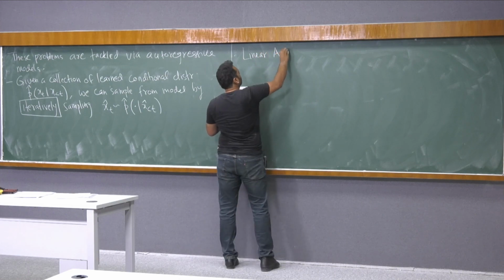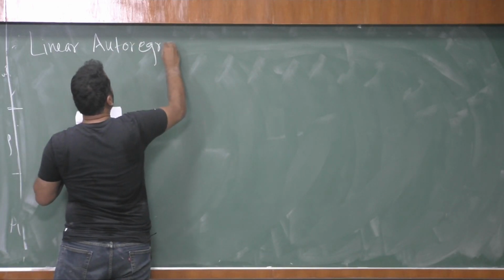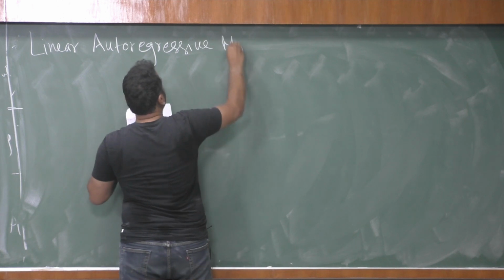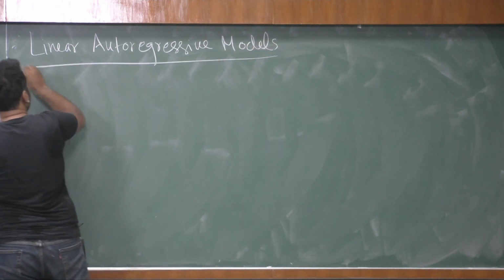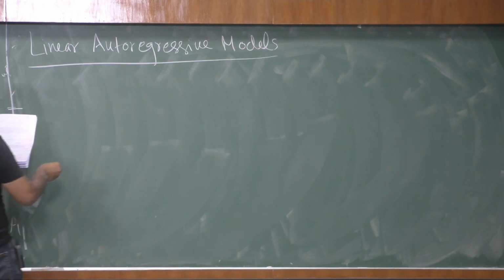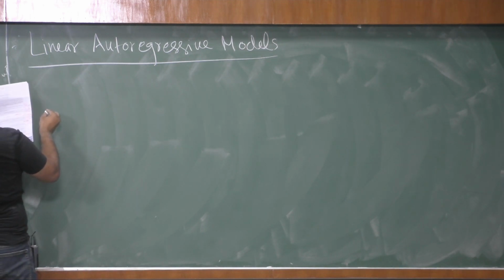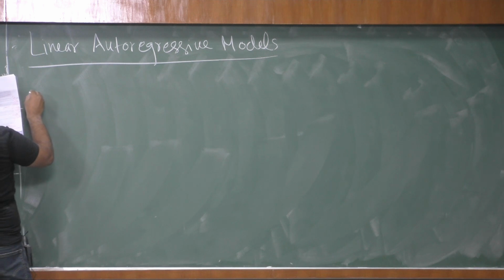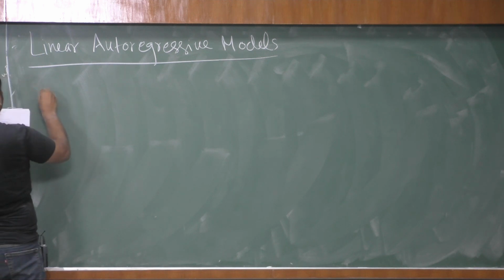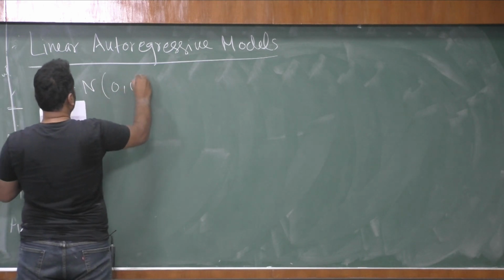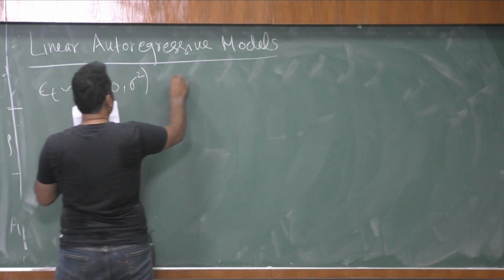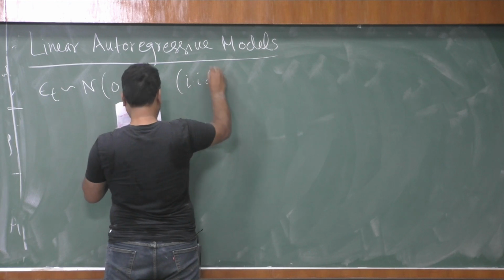Linear autoregressive models. So we define that. For a simple example of sequential data, let epsilon t come from a normal distribution with 0 mean and variance sigma square, and these are IID.